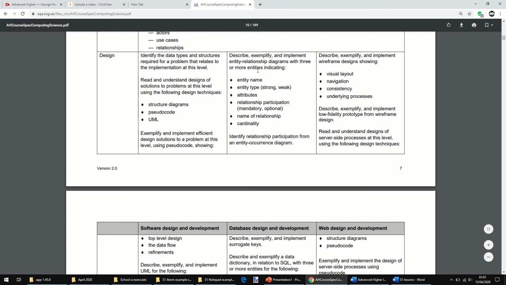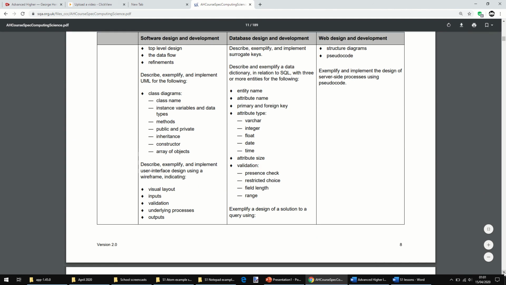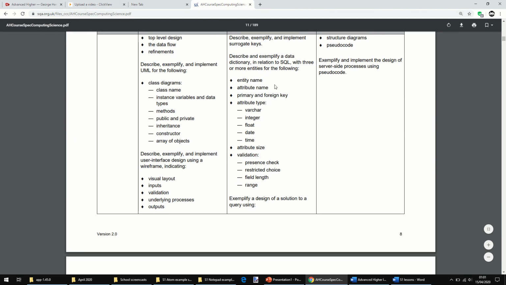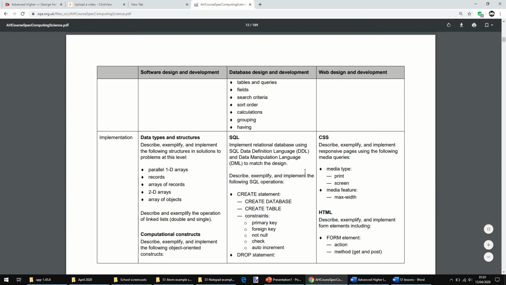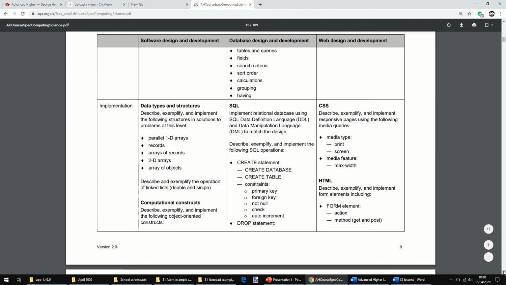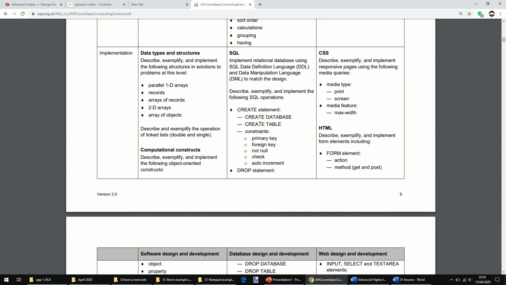What's new? Really, a little bit more on ER diagrams, so a little bit more about design, and a little bit more about SQL. Let's go on a bit further, this is where you see all the really new stuff. Creating databases and tables using SQL rather than in Access, clicking create table.